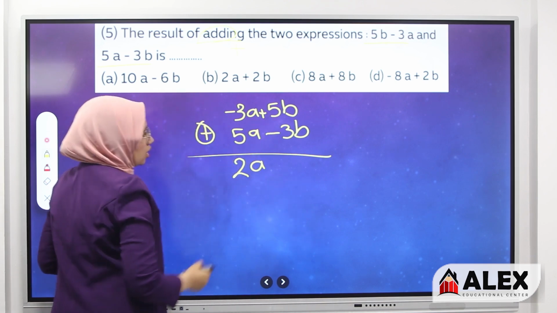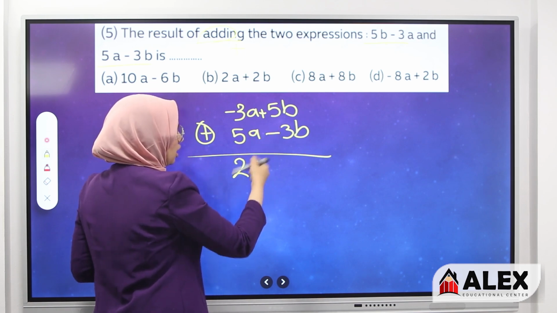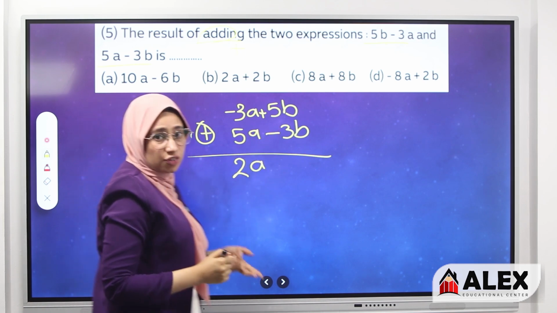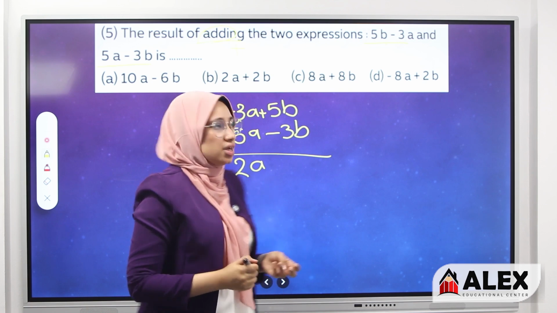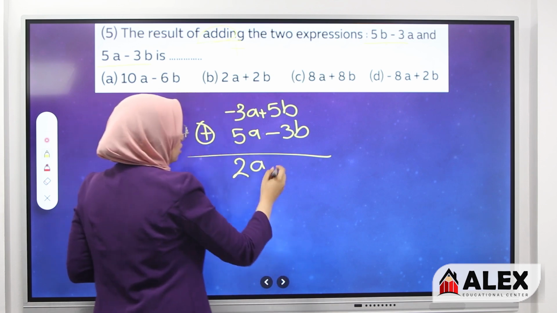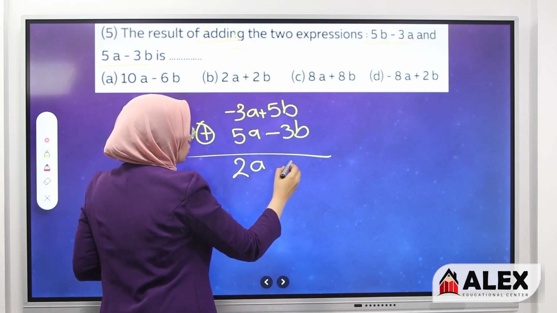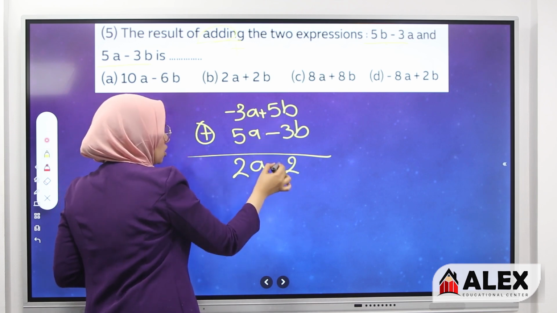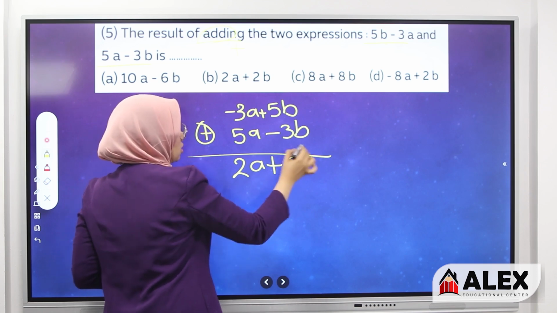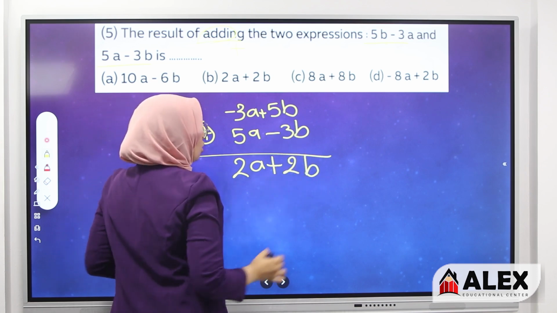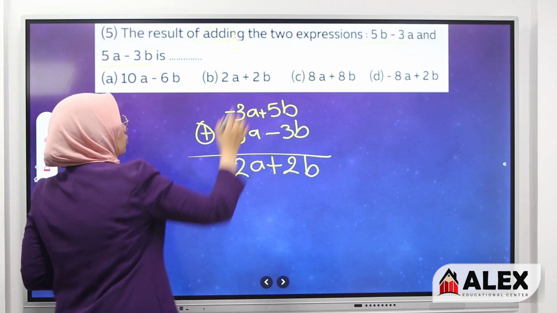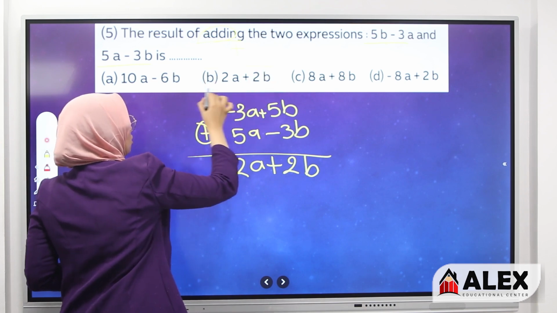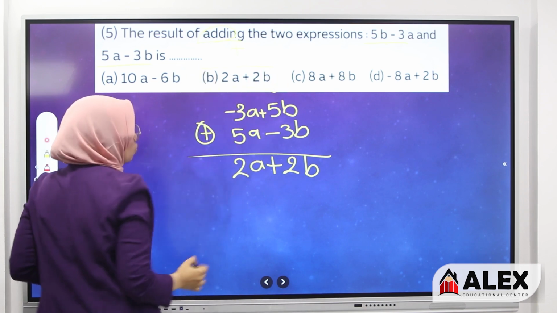Okay, we take b, positive b and negative 3, different sign. Okay, so make what? Here we make subtraction. 5 minus 3 equal 2, and the greatest number is positive, which is 5. Make plus and put just 1b. Then we choose number b, 2a plus 2b.